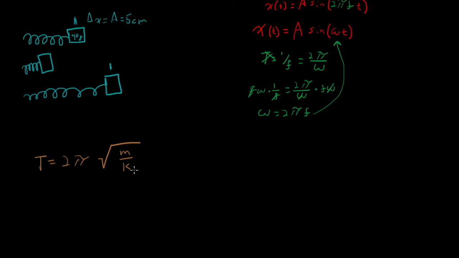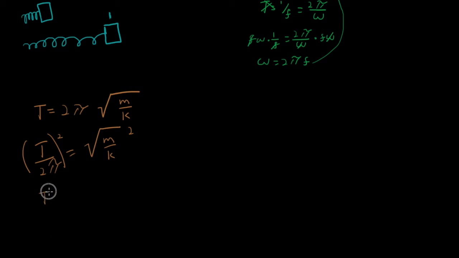And then I want to get k all by itself. So the first thing I'm going to do is divide both sides by 2 pi. So I'm going to get T over 2 pi equals the square root of m over k. And then I'm going to square both sides of this. That's going to square everything in that parentheses. And I'll end up with T squared over 4 pi squared equals m over k.